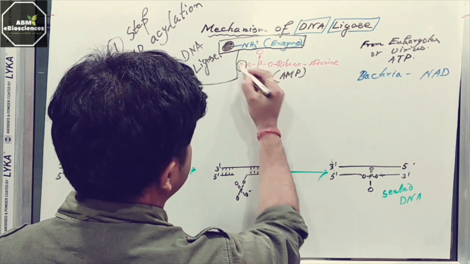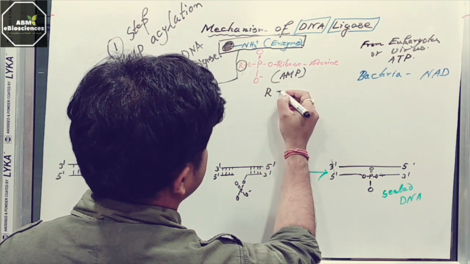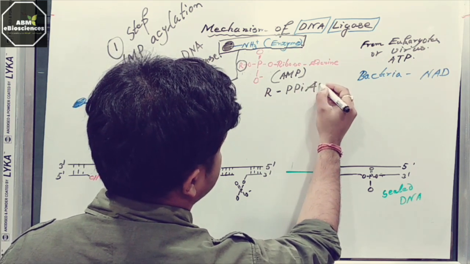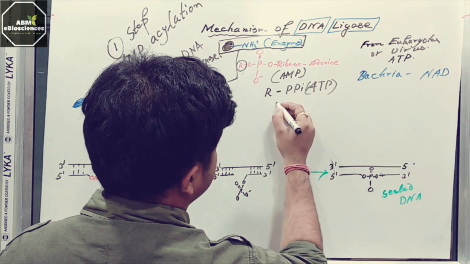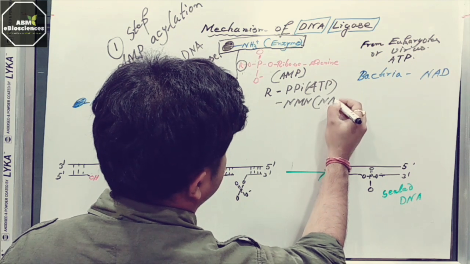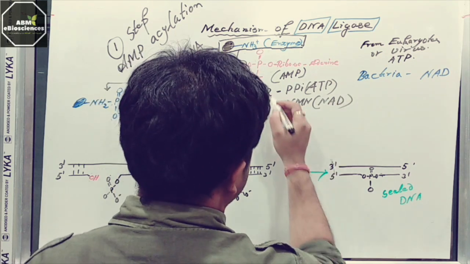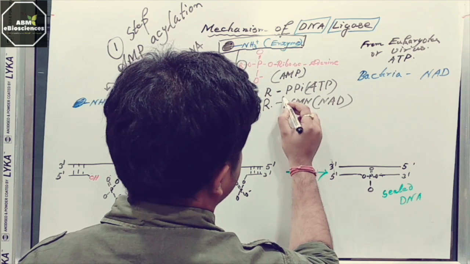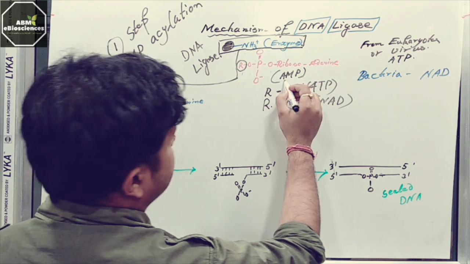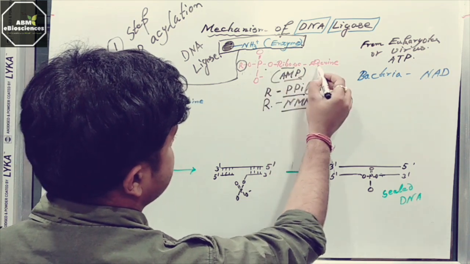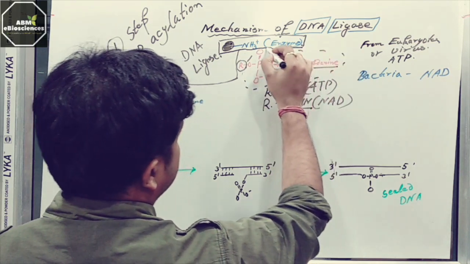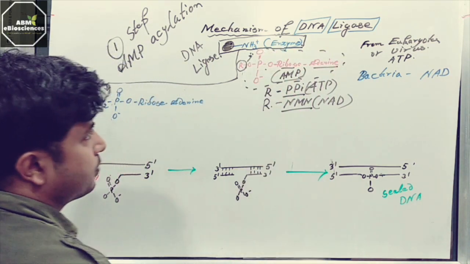The R group here denotes PPi in case of ATP, and if you are taking NAD, then it denotes NMN. So the R group denotes either PPi or NMN. The AMP group is denoted by this phosphate, ribose and adenine. Now this is our substrate, or group of interest.